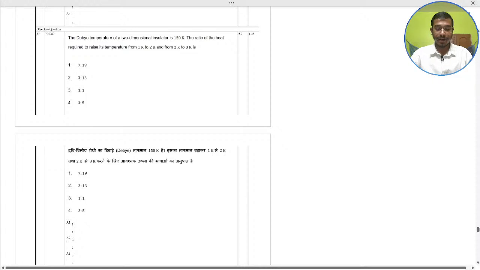that from the Debye model, Cv is equal to kT squared by theta D cubed. The heat Q is Cv dT.